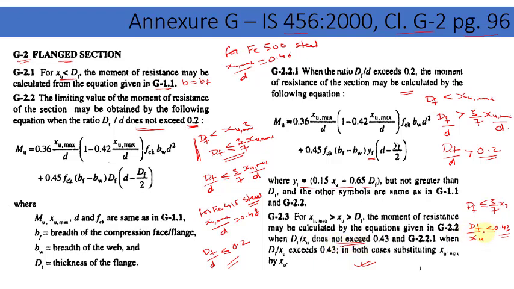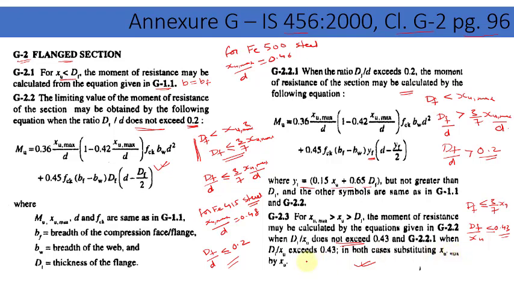This is the case when your neutral axis is lying in the web and your depth of flange is less than or equal to 3 by 7 times XU. So if dF by XU does not exceed 0.43, you can apply this formula. Only thing you do is replace XU max with XU in order to compute the moment of resistance.